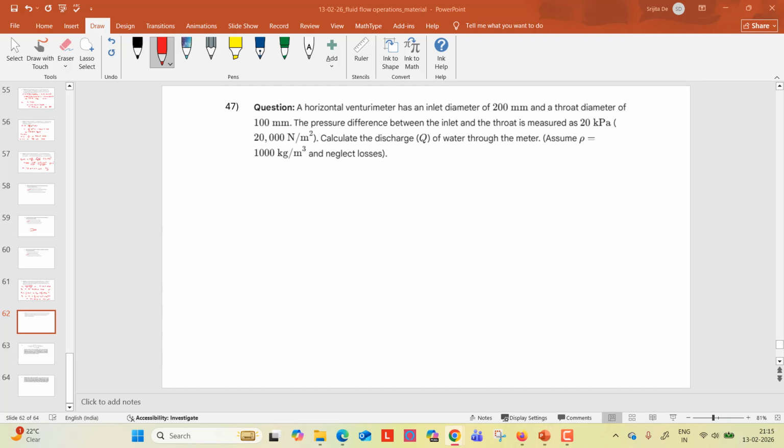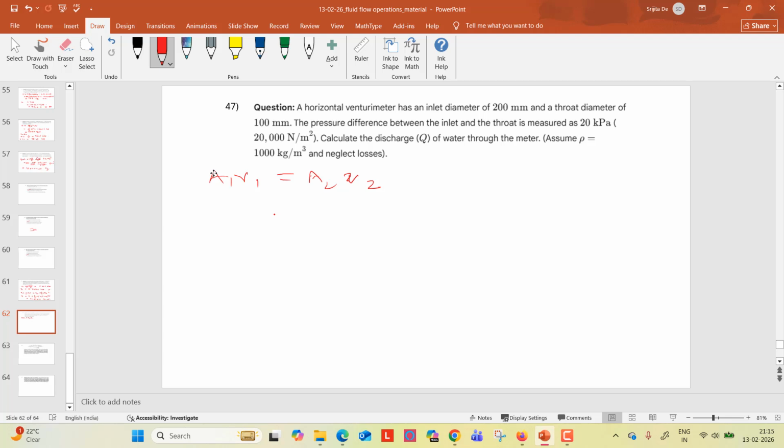Calculate the discharge Q of water through the meter. So from A1 V1 we will get the ratio of V1 and V2. So A1 V1 equals A2 V2.